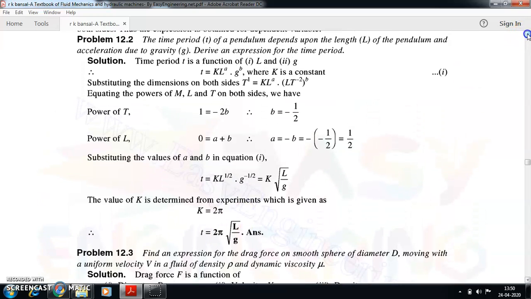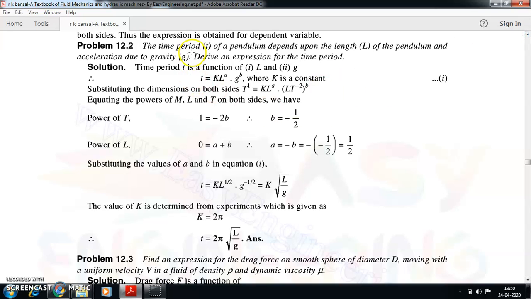See, you have a variable, the time period, which was dependent on two other variables, the length of the pendulum and the acceleration due to gravity. By working on the left hand side and the right hand side, and equating the powers of the fundamental dimensions involved in the physical quantities or variables, you are actually finding their relationship, that is the a, b, c power constants.